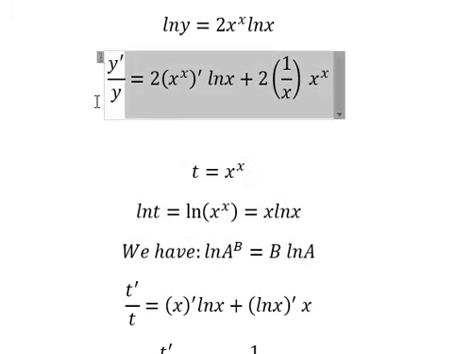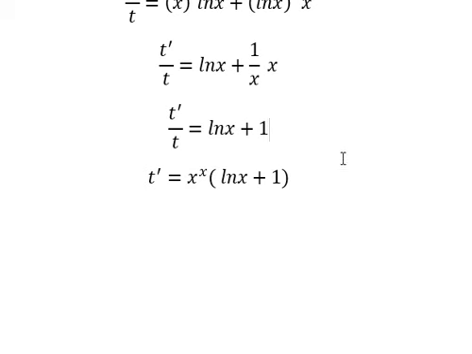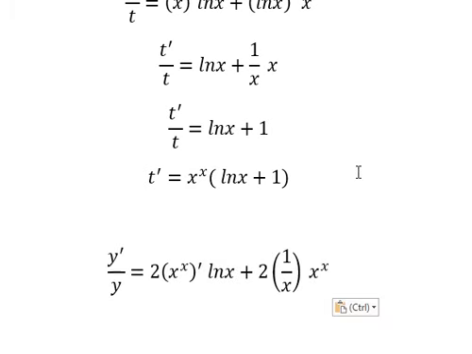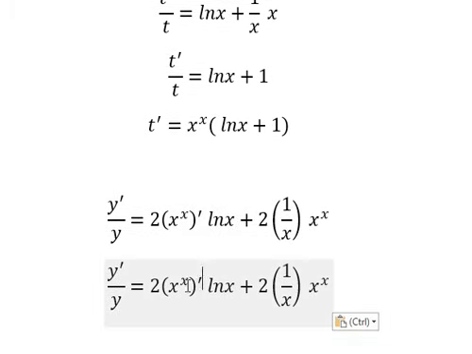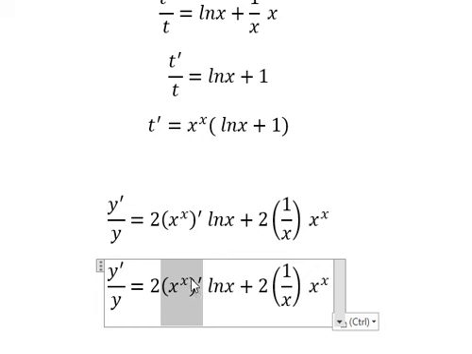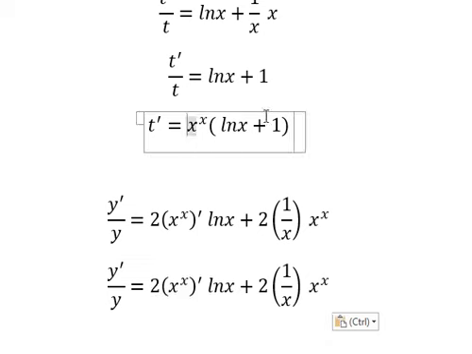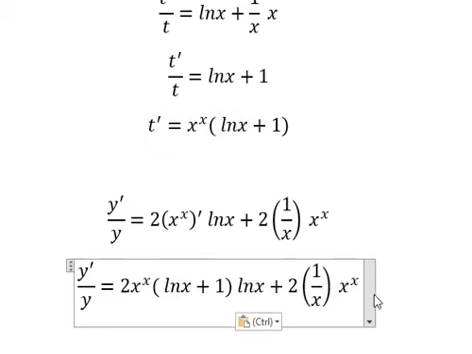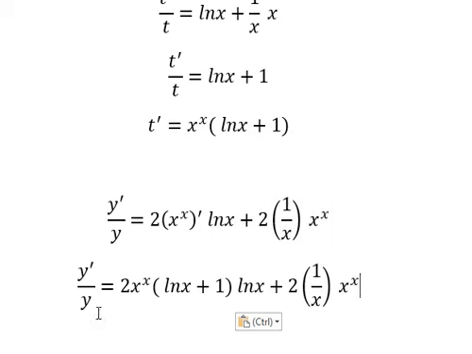And now we go back in here. So the first derivative of this one is this one. Next, we multiply both sides by y.